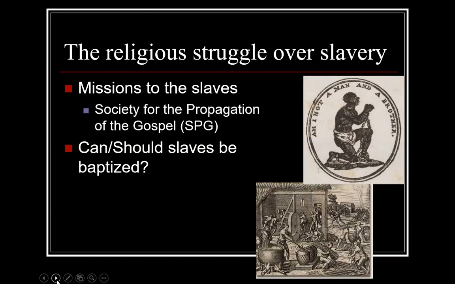And so planters tended to be the frequent opposition to missionary work, right? Because the concern was that they would then have to free their slaves if they became Christian. Eventually, it was decided, not surprisingly, that baptizing slaves did not change their social status, and laws were passed in the 18th century in many colonies claiming just that, that baptism did not lead to freedom.